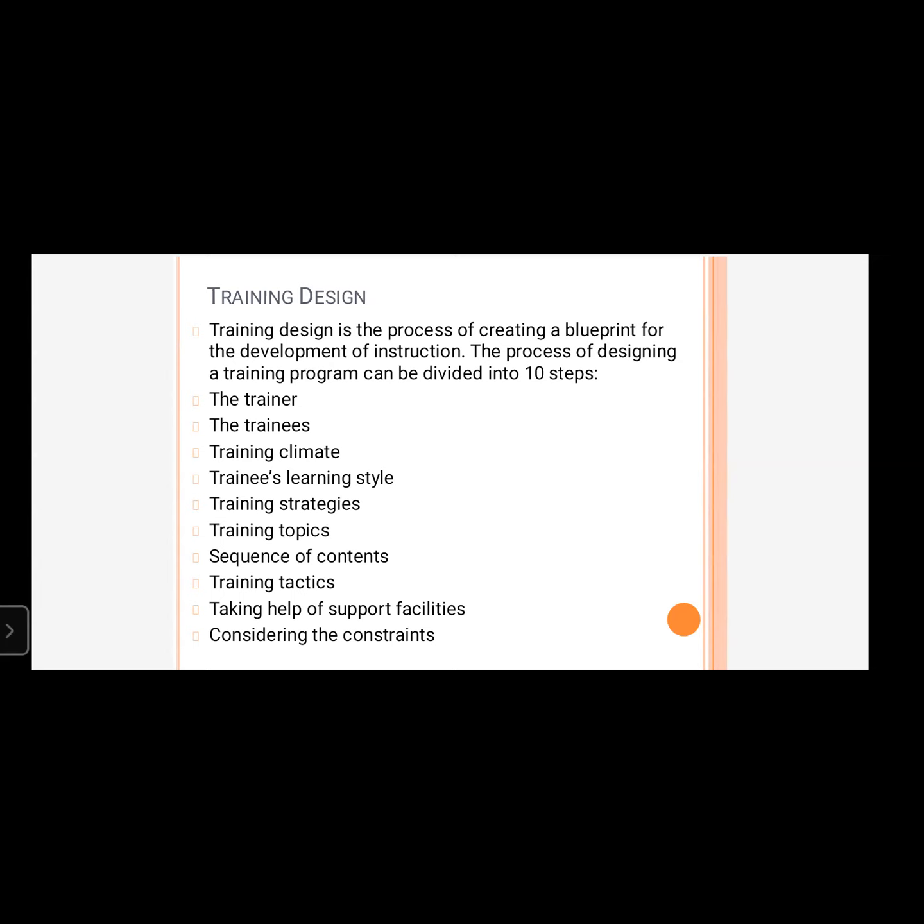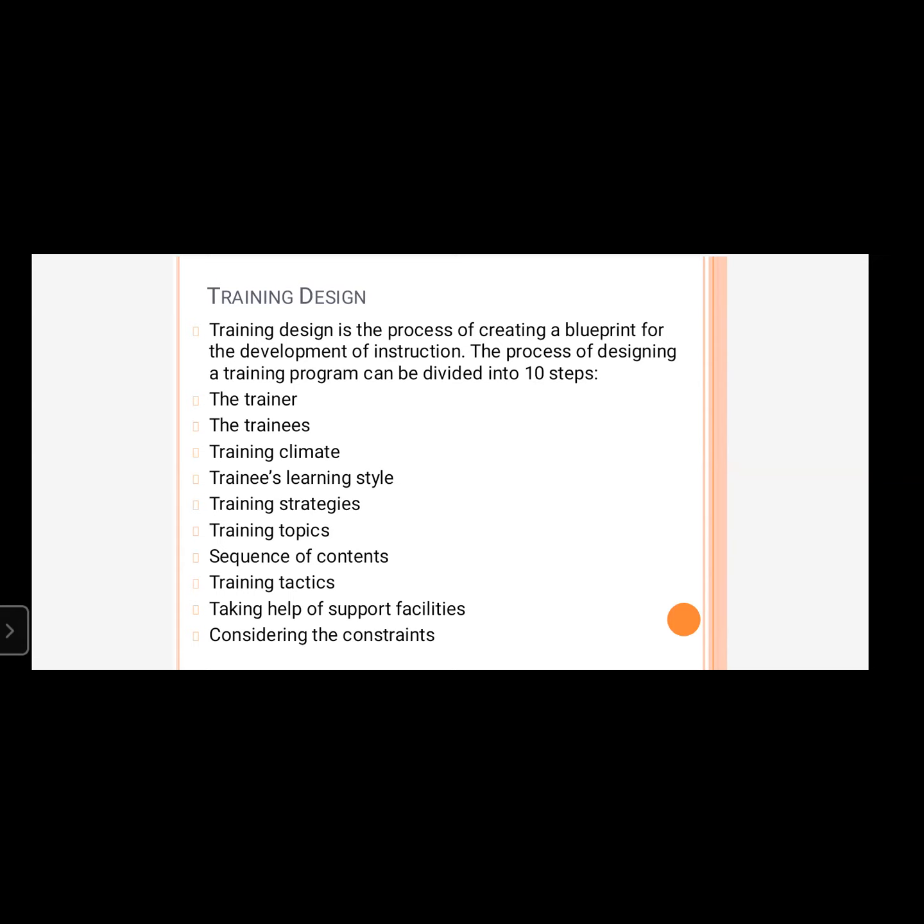So he should have good subject knowledge about which the training is to be given to the employee, as well as training delivery skills should also be there.